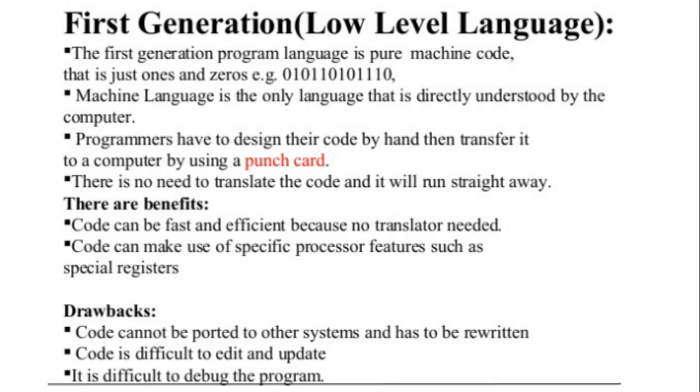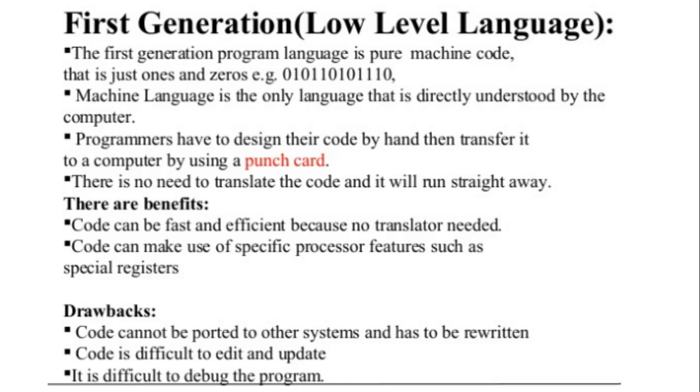because of which the code will run very fast and efficiently, and no translator is needed because it's the native language for the machine. Zeros and ones is the native language for machines. So that is why there is no translator needed.